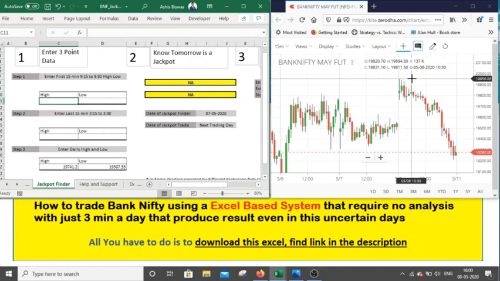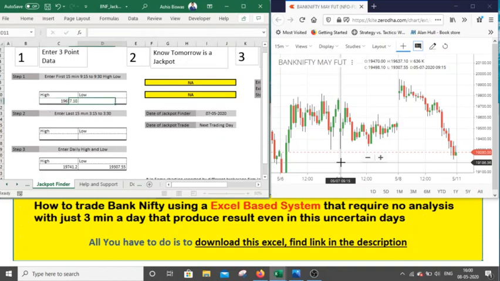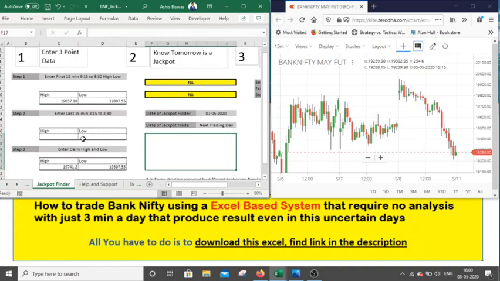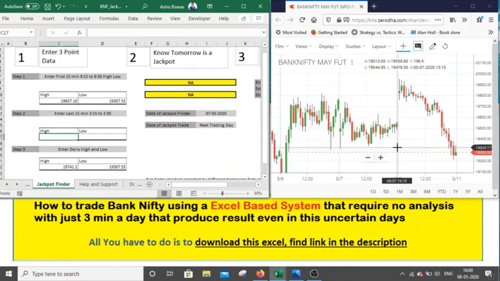Let's see yesterday's data. The high of yesterday's first 15-minute candle was 19637.10, and the low of the first 15-minute candle was 19307.55. I entered this data. Now I will enter the last candle high and low.